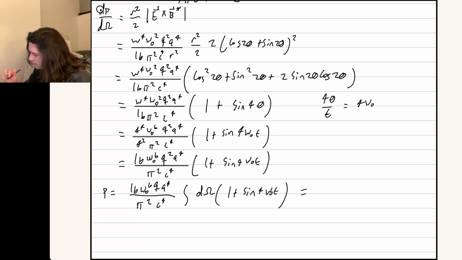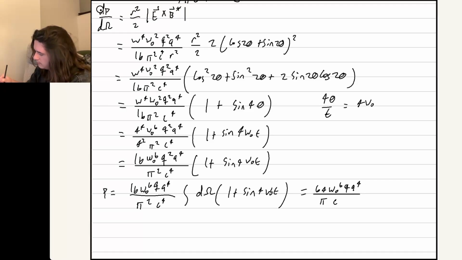I checked with various methods. And then 16 times 4 is 64, so you have 64 omega naught 6th q squared a 4th over pi c 4th.